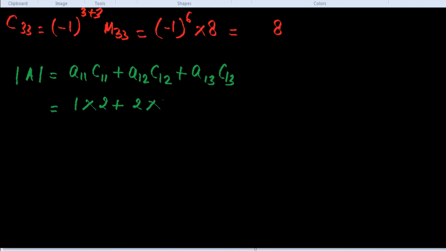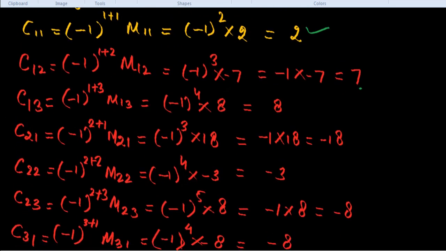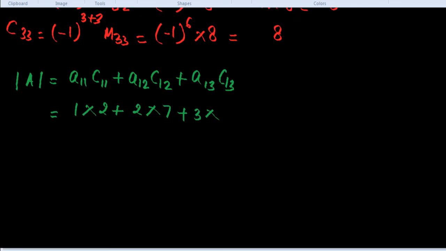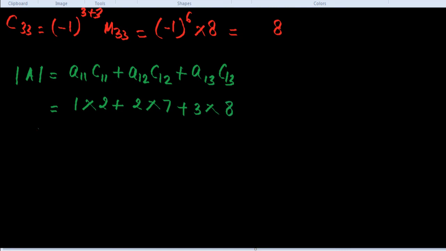So you have to put here 7. A13 is 3 and C13, I explained here, C13 is 8. So we get here 2 plus 14 plus 24. So you get here 40.